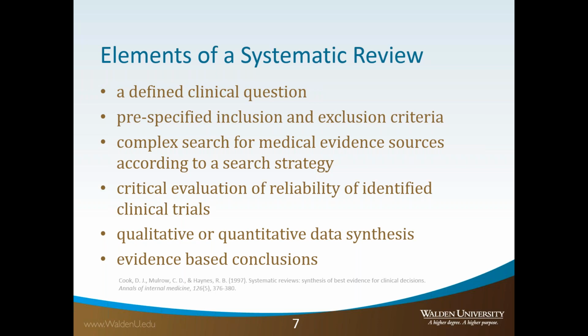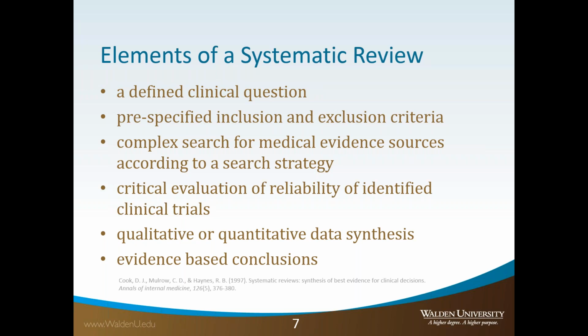So they need to say, we are going to include this kind of patient and not that kind of patient. And they need to think all that out ahead of time. They do have to formulate some very complex searches for medical evidence. And they have to have a search strategy that someone can follow up on later. It has to be reproducible, I believe is the word that they use there.